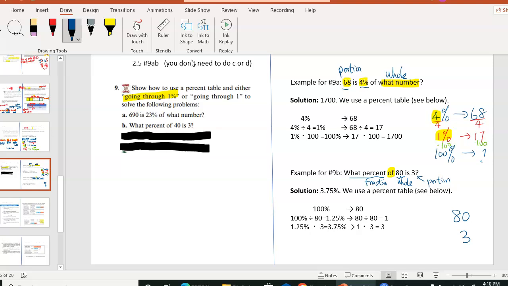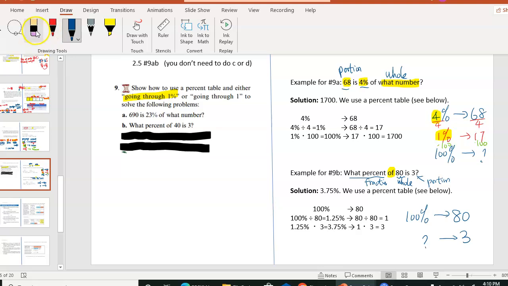And remember, 80 is the whole because it's right after the word "of." The whole is always 100%. The whole means one whole, and one means 100%. So what we're really solving for is: if 80 is the 100%, then 3 is what percent?